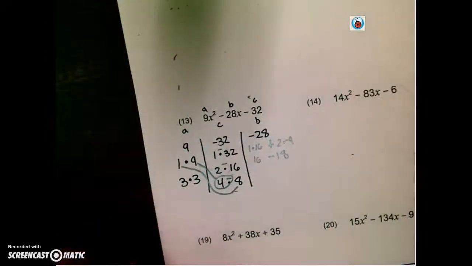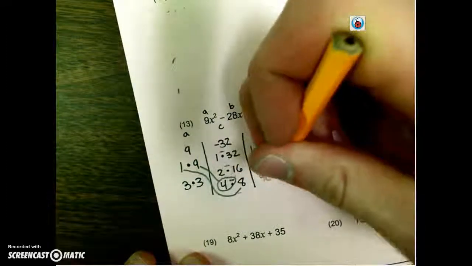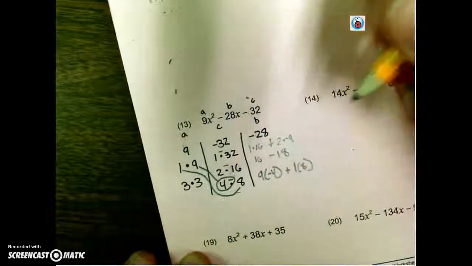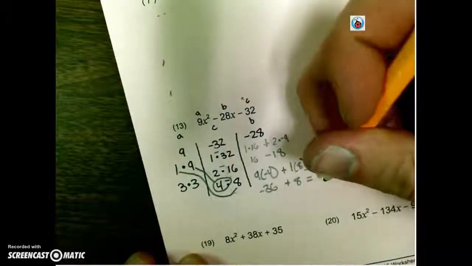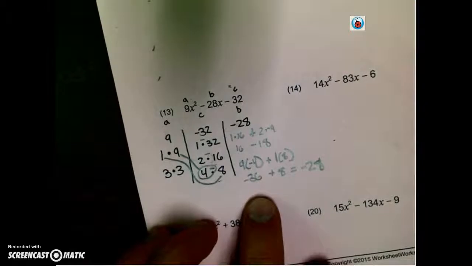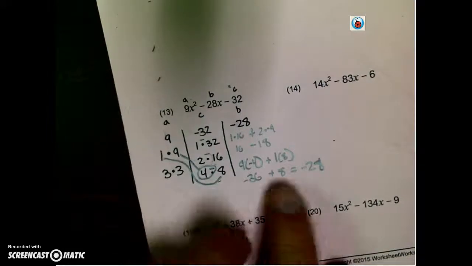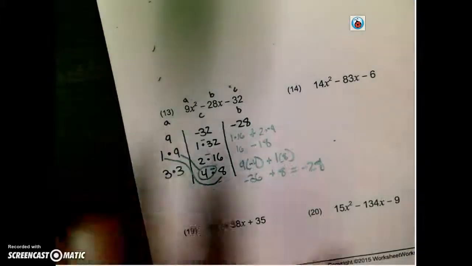And I'm going to prove to us that this works. Alright, so we see the 9 times the negative 4 gave me a negative 36. The 1 times the 8 gives me an 8. Negative 36 plus 8 does take me to a negative 28. Now, we know we found our right combination.